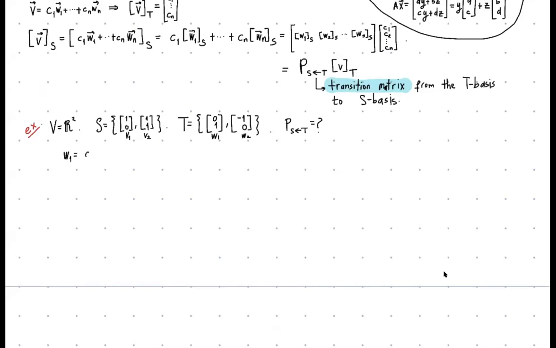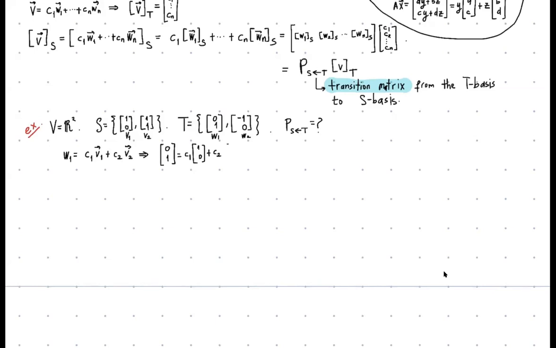So I have to write it as C1 times V1 plus C2 times V2. So what does this give me? What is W1? W1 is 0 and 1. So it is C1 times 1, 0 plus C2 times 1, 1, right?